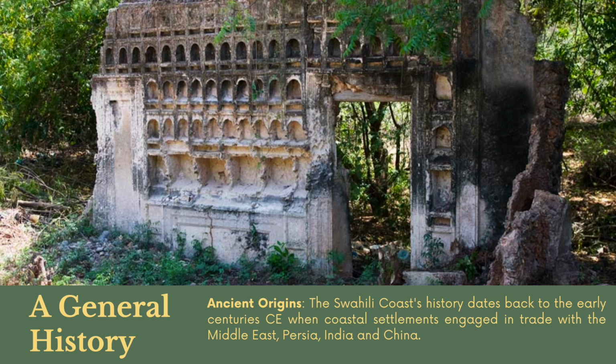Lamu Old Town is the oldest and best preserved Swahili settlement in East Africa, and it retains some of its traditional functions. So again, this is something that's historical, and it's lovely to see that we can go back in time and see how ancient African civilizations were.